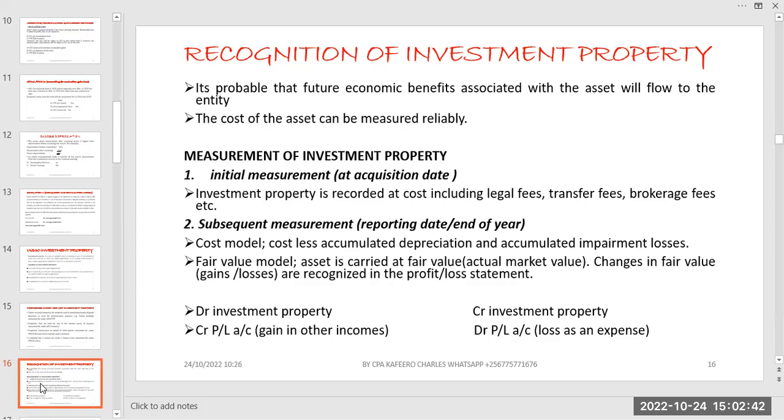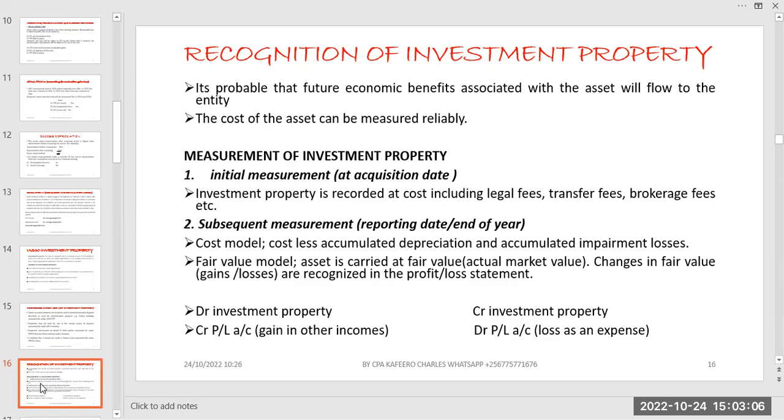Then, after looking at the recognition of the investment property, let's look at the measurement of investment property. When you are looking at the measurement, we are trying to look at which values we are going to incorporate in our financial statements. Which figure are we going to put in our statements?